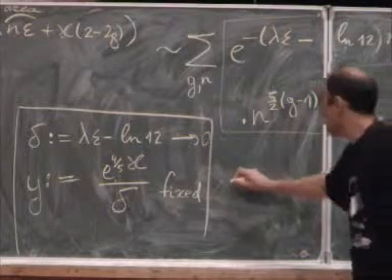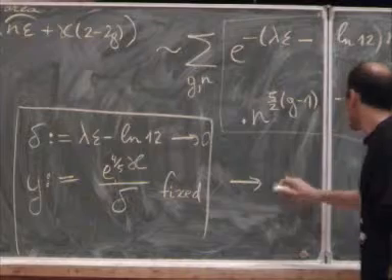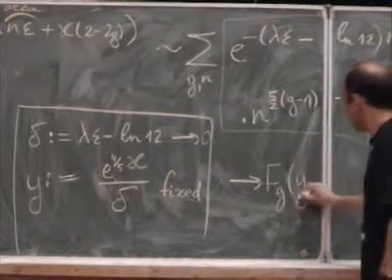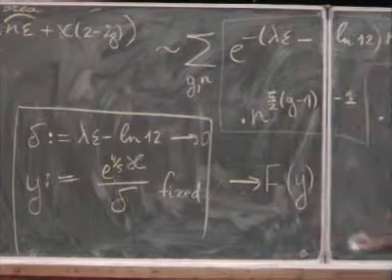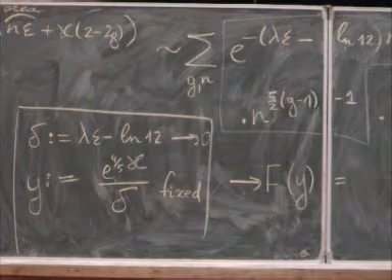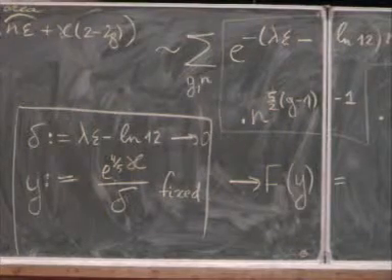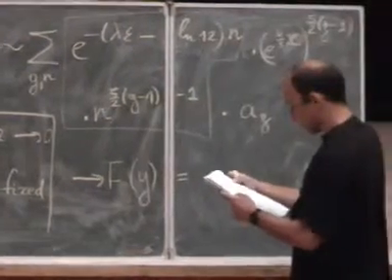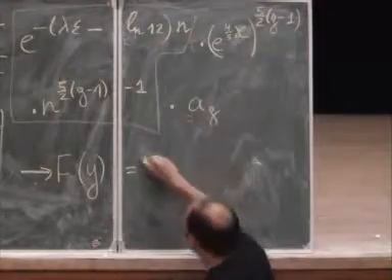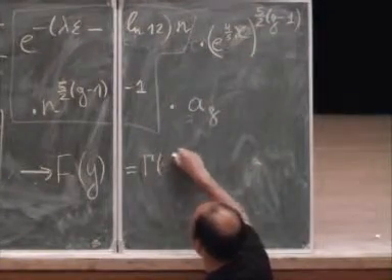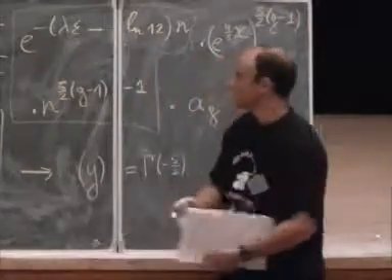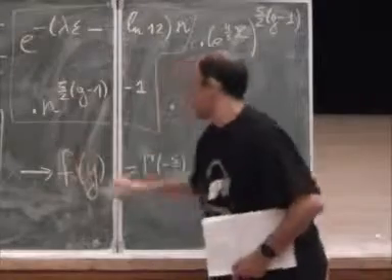So if I do all that, I obtain a function of just one variable y, and it is the following. Let's not call it F, let's call it small f.